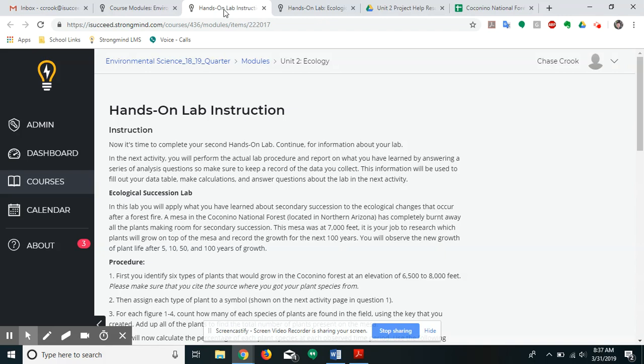Primary succession doesn't happen very often, but it does happen in places where an environment has not yet existed. So a rock face, a surface where nothing is growing, and something does start to grow on a rock, that would be primary succession. Nothing was on it before. It wasn't an environment, it wasn't an ecosystem before, and so it's starting to build up.